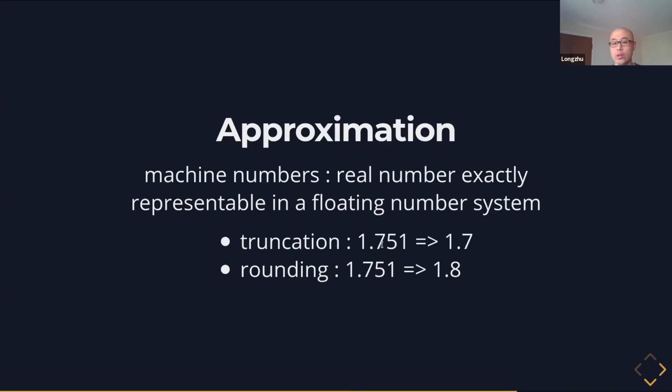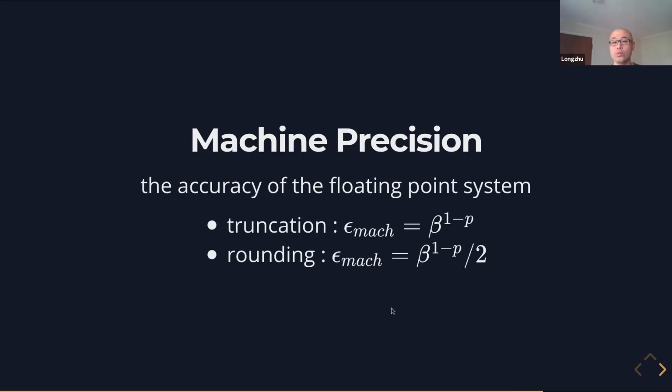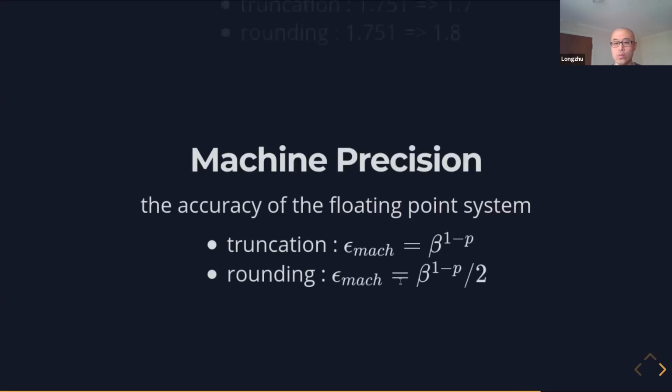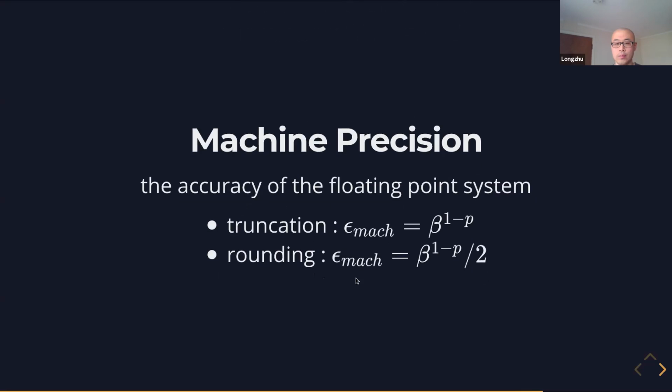But if you round, you round the number based on rounding rules. That causes the machine precision to be different due to the rounding or the truncation action. As you see here, the machine precision for rounding is actually a little better than truncation, based on this particular system. And this machine precision is also important. It tells you how much space you can store between numbers.